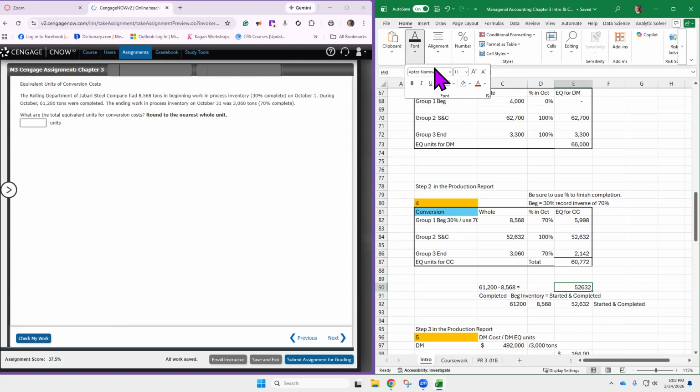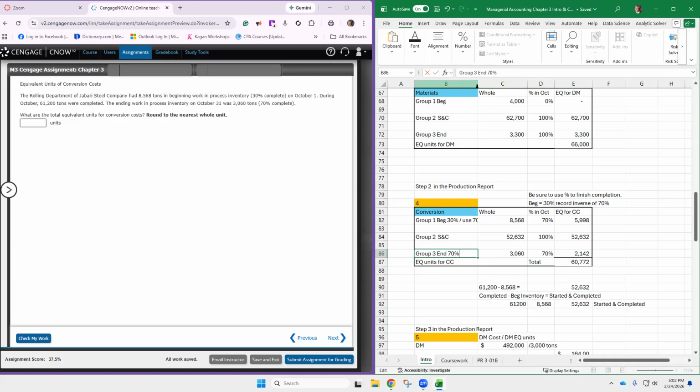Okay, so you have to think about that as you're beginning to understand how this calculates. So here's started and completed. That's why we have that there. And then the last one is ending. So whatever the ending units are, it is 3,060 units. They are 70% complete, and we do use the completion on the ending, 70%, and that's the one we use.